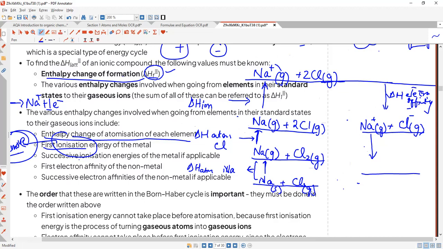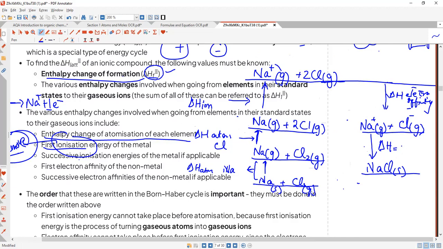Now we have a positive charge and a negative charge. Both of these will react together to form NaCl, which is solid, and this enthalpy would be called... just make a guess. Na+ and Cl-, two ions, are reacting together in their gaseous state to form a solid structure, an ionic compound.